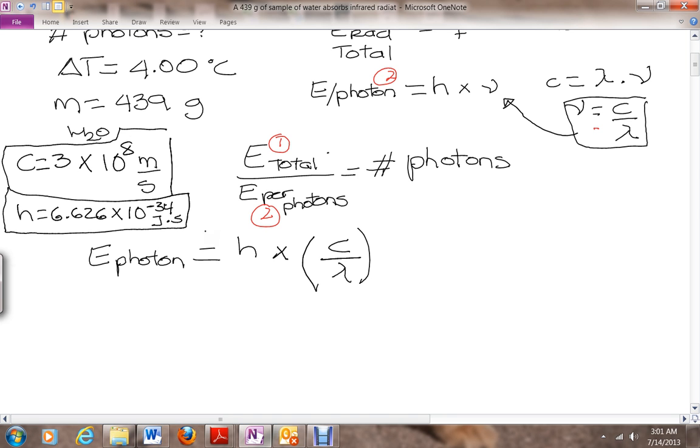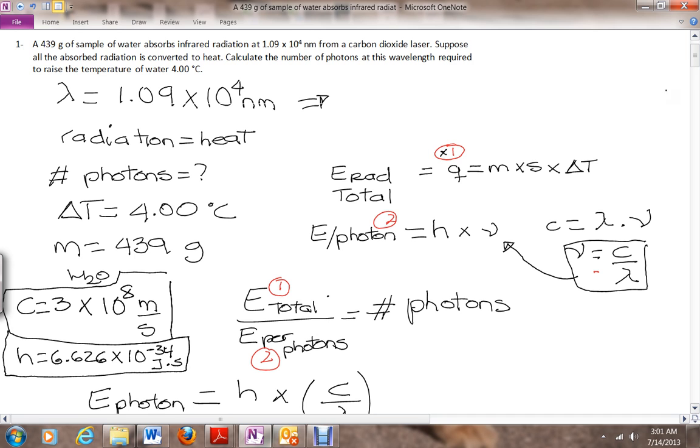So if this constant is in meters per second, we always have to convert. If we're using lambda in the formula, we always have to convert to meters, centimeters to meters, nanometers to meters.